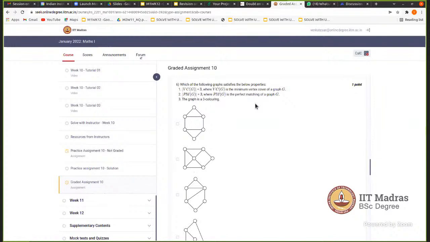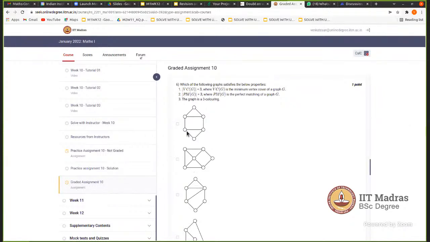Correct. So if you see here, if I take in my matching this edge, I cannot take this edge. So I can take this edge. Then if I take this edge, I cannot take this edge.